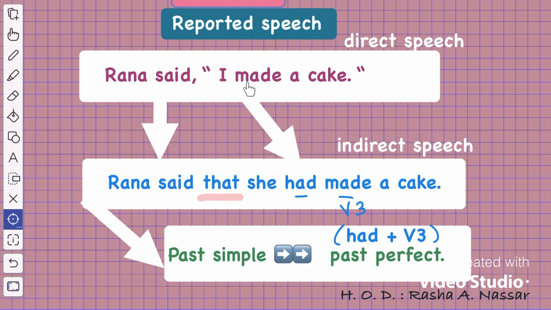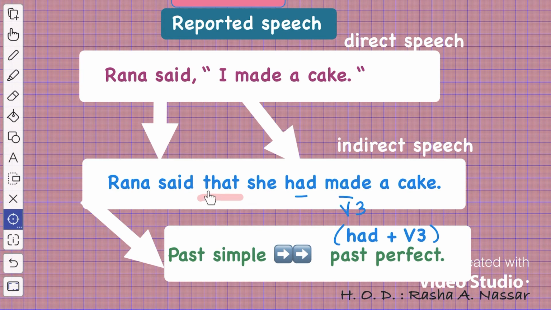I will change it by putting it in the past perfect. How can I form past perfect? By putting had plus V3 of the main verb. So here Rana said, I made a cake. I will change it into indirect speech. The first step is to remove the comma and the small brackets and join the two sentences with that.